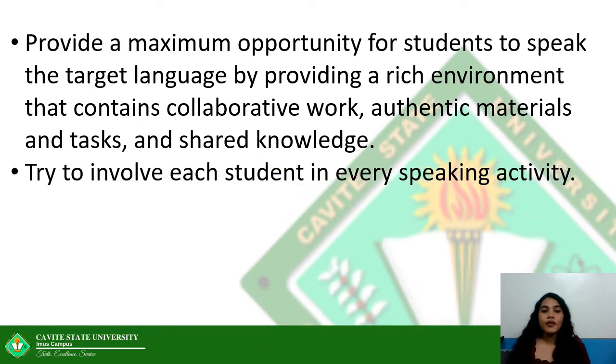Next, try to involve each student in the speaking activity. So in speaking activity, most of the time, the problem is, ma'am, kasi ang dami namin estudyante. Okay? Hindi pwedeng kung sino lang yung mag-volunteer o kung sino lang yung matatawag. But in speaking class, it's okay if it will not be finished in one sitting only.